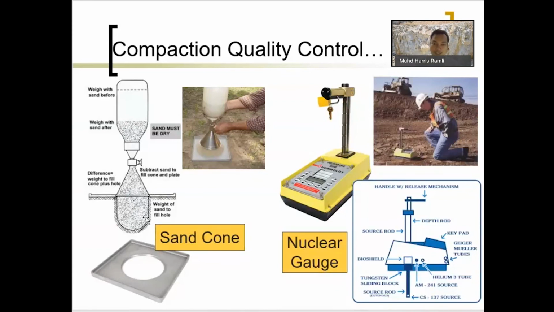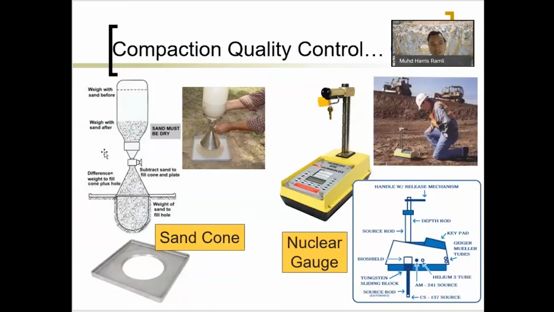Once you know the volume, you can pour the sand straight away. Once you pour the sand, you know the amount of sand inside the hole, and then you can recalculate back the density at site, and compare it with the soil sample. This is the sand cone test.